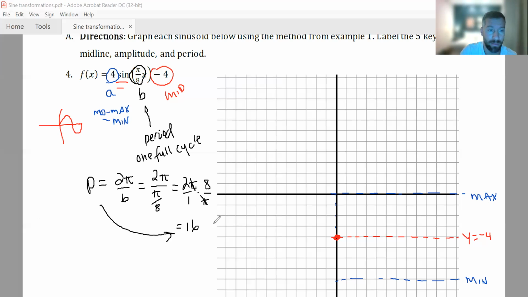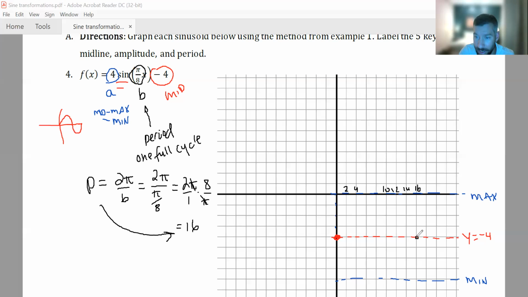So if you think about our graph here, 1, 2, 3, we can't count to 16, can we? So let's skip count. 2, 4, 6, 8, 10, 12, 14, 16. Okay, so at 16, it is going to end its full cycle.